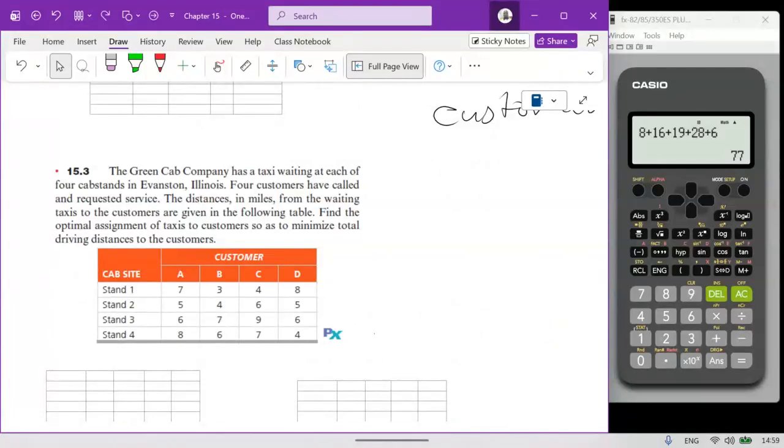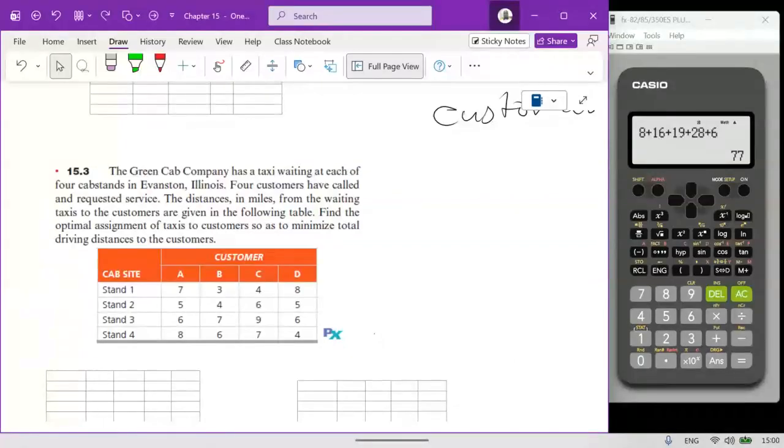The distance in miles from the waiting taxis to the customers are given in the following table. Find the optimal assignments of taxis to customers so as to minimize the total driving distance to the customers.